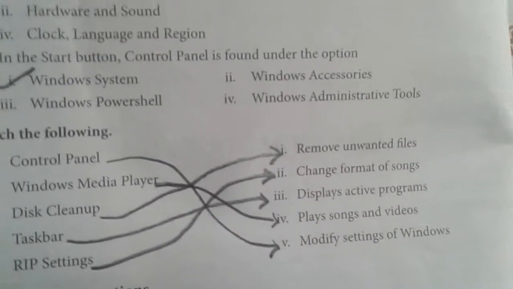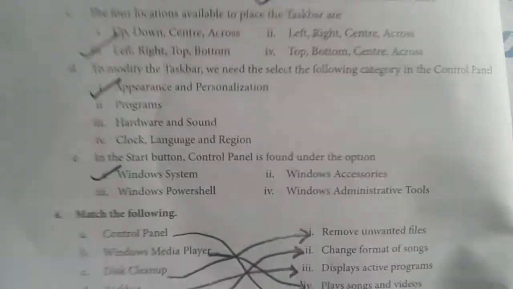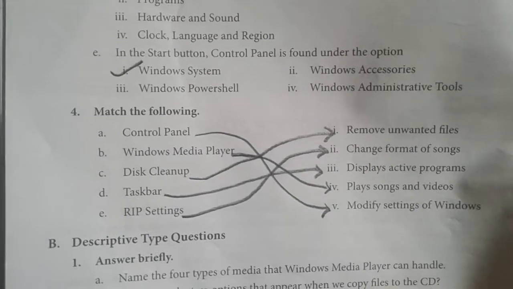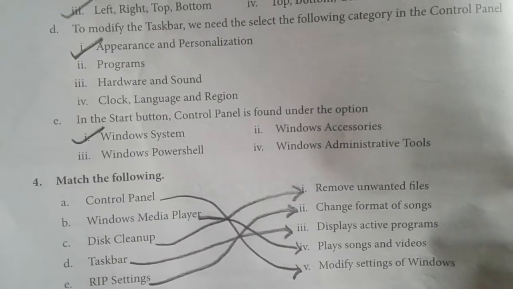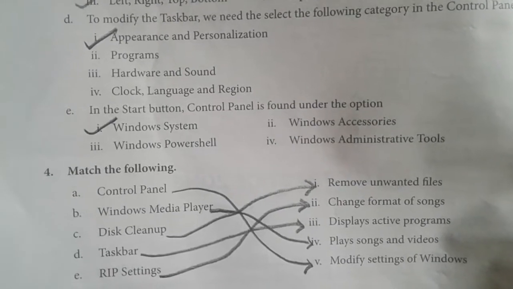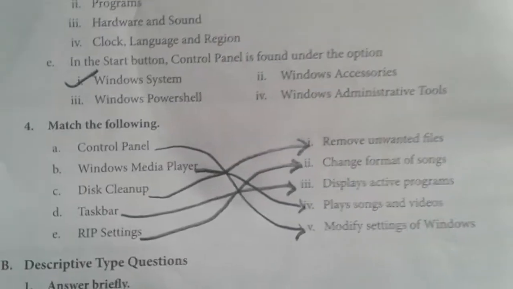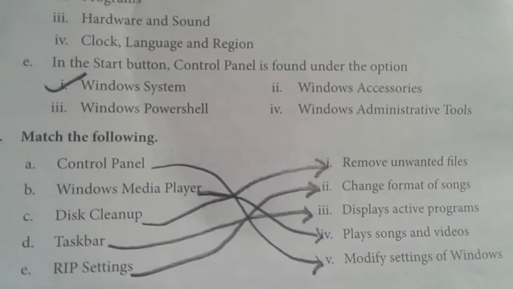If you have done it in your books, no issue, but otherwise you have to write down only the question and answer in your notebook. Otherwise, if you don't have a book, please note down all the things in your classwork copies, and after that send it to me on my personal WhatsApp number.